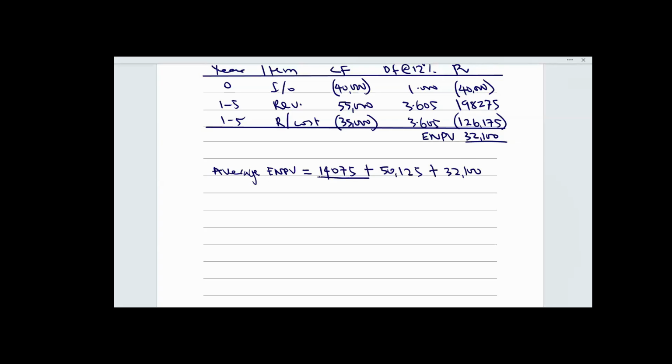Because you added three different figures together, then you divide by 3. What do we have here? 32,100.